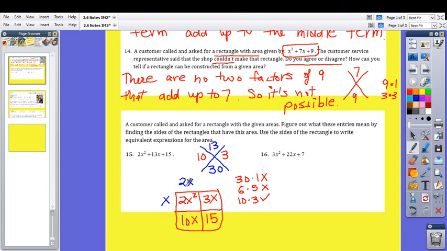Then if this is 2x, then the number that we will be multiplying to 2x is 5 to give us 10x, because 5 times 2x gives you 10x. And then if this is x, then this has to be 3. And it makes sense because 5 times 3 gives you 15, which you already have. So the area in terms of sides will be x plus 5 times 2x plus 3.